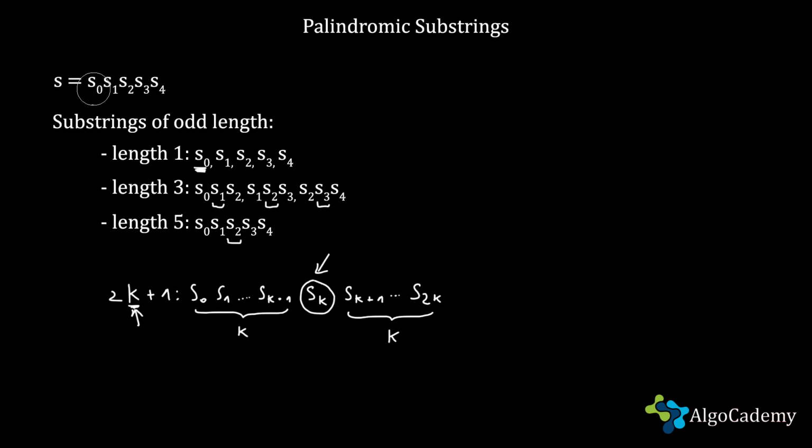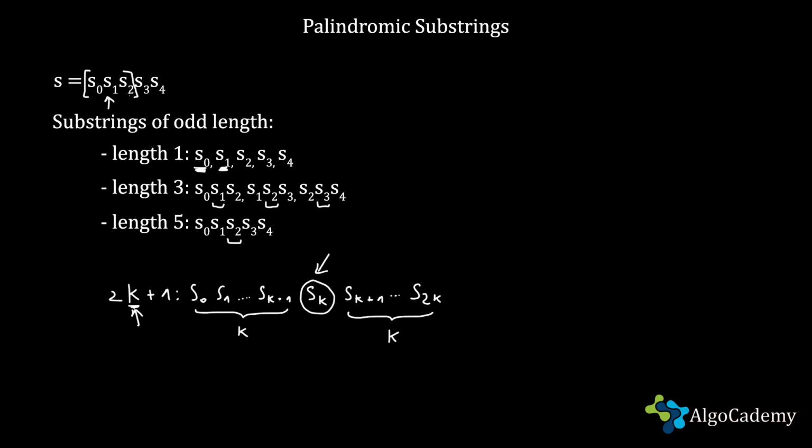Now I'm gonna try out the middle character to be equal to S1. Awesome. K equals 0. This means a substring of length 1. So only the middle character, S1. Awesome. I've taken it into account. Then I can try out K equals 1, which means length 3. So one character to the left and one character to the right, which means one to the left S0, one to the right S2.